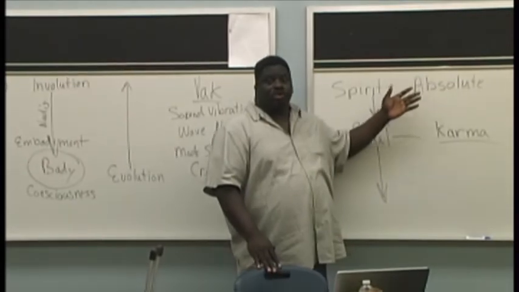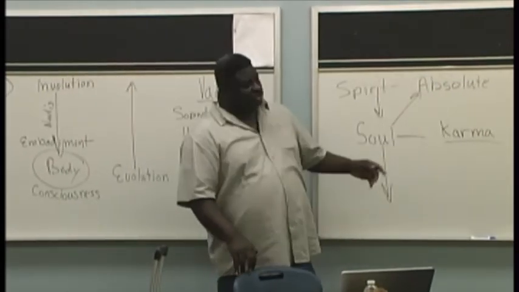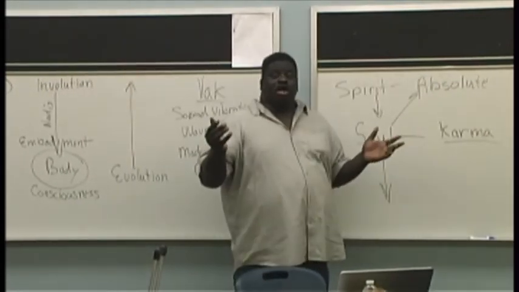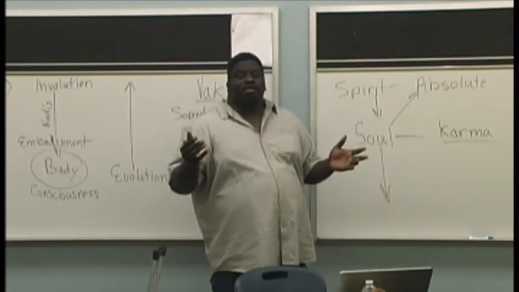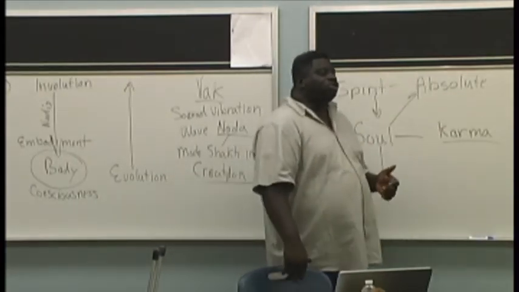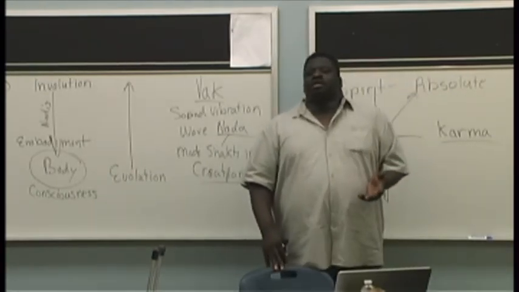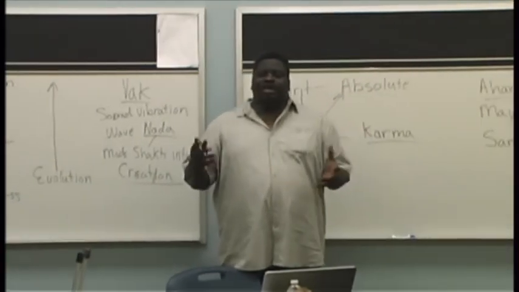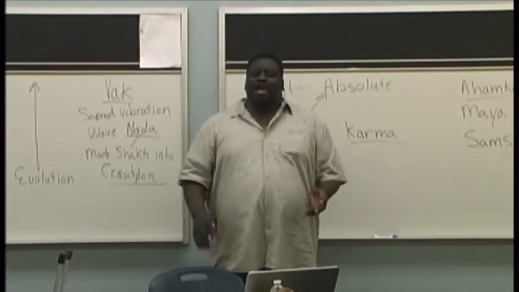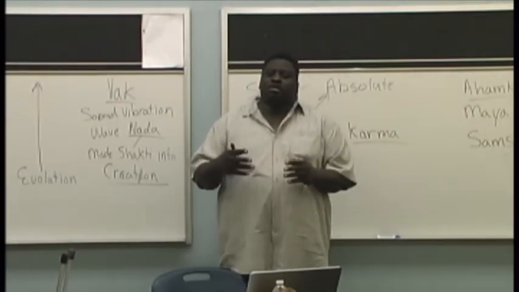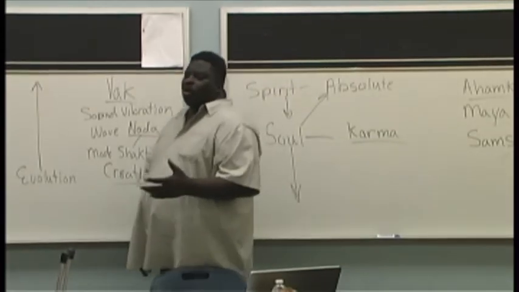So the soul is above consciousness, right? In order for the soul to carry out the will of God, it had to involve itself in a state of consciousness. It had to wrap itself up, so that it wasn't all aware anymore.